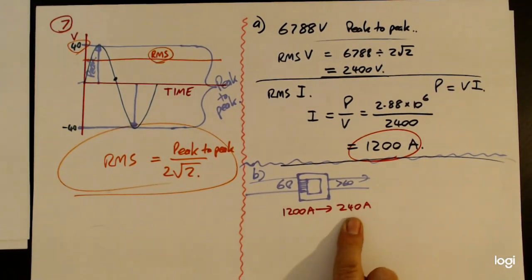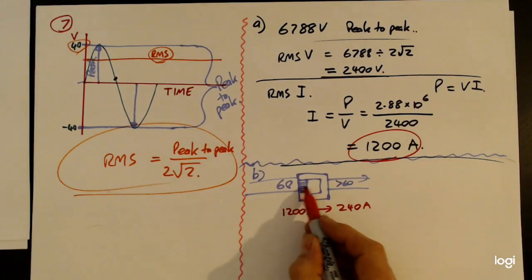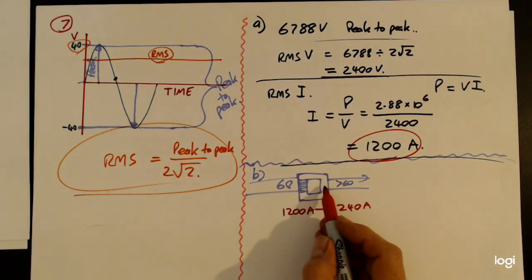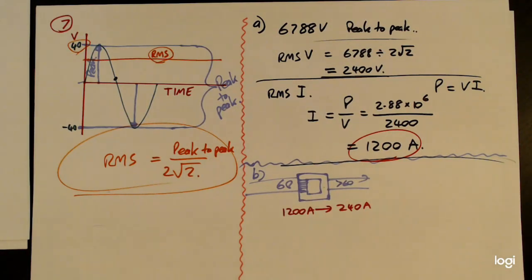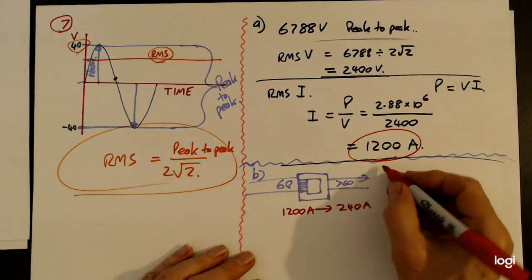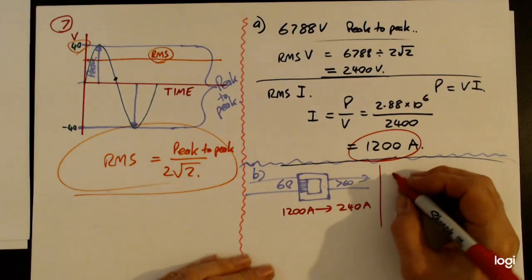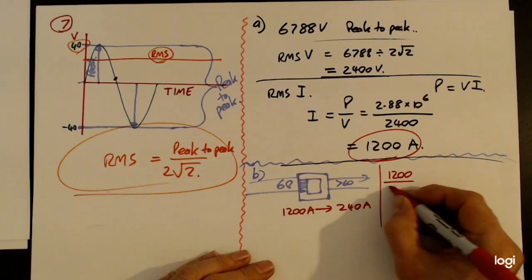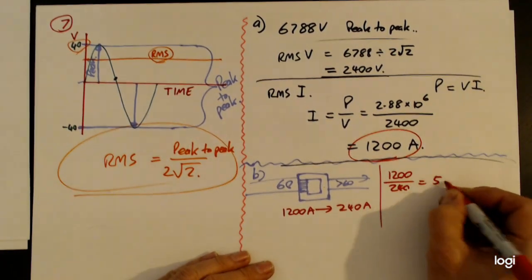And that is 1/5 of that. So it's gone down by a factor of 5. And that means that the voltage is going to go up by a factor of 5, which means the number of turns is going to go up by a factor of 5. And the way to communicate that in the answer would be to write 1200 divided by 240 equals 5.